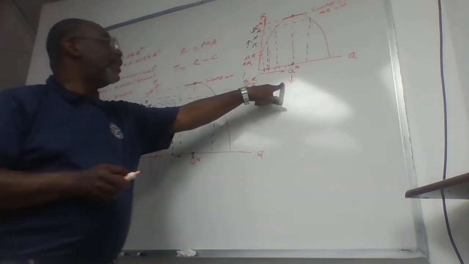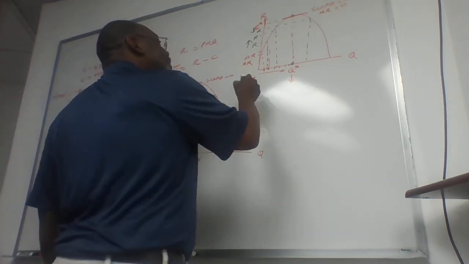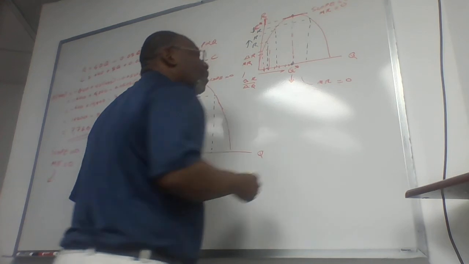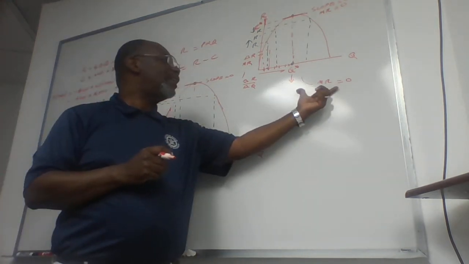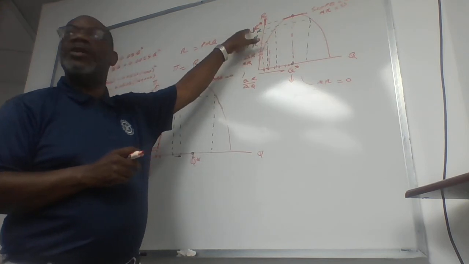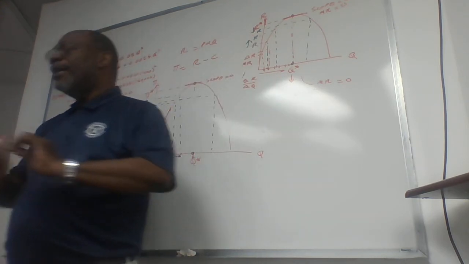Similarly, if we can find this marginal revenue equation and somehow solve it to get this Q, that will tell us the level of Q at which revenue is maximized. Right? So that's all we're trying to do.